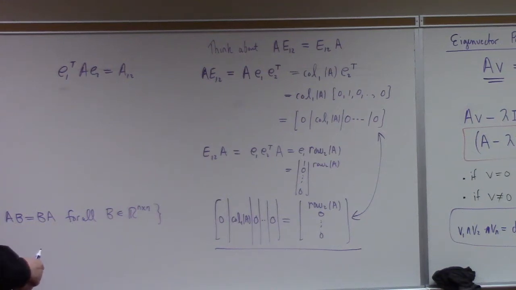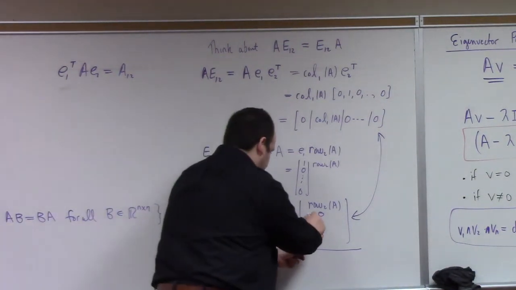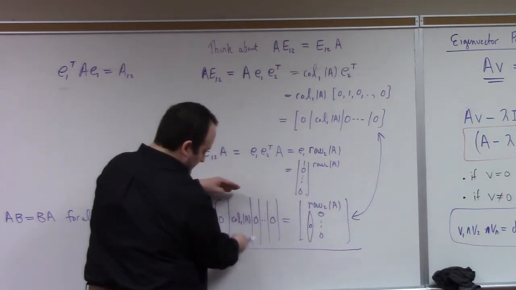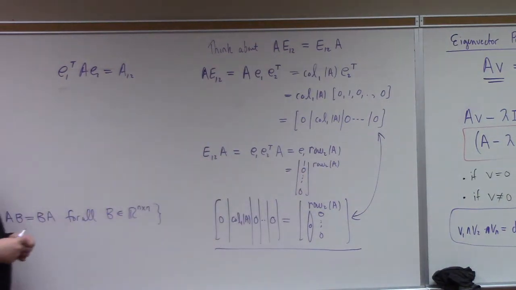So in other words, everything except for the first entry in column 1 is 0, right? Because look over here, right? That's 0, right? So if you can, parse it. So everything except for the first component in column 1 is 0.